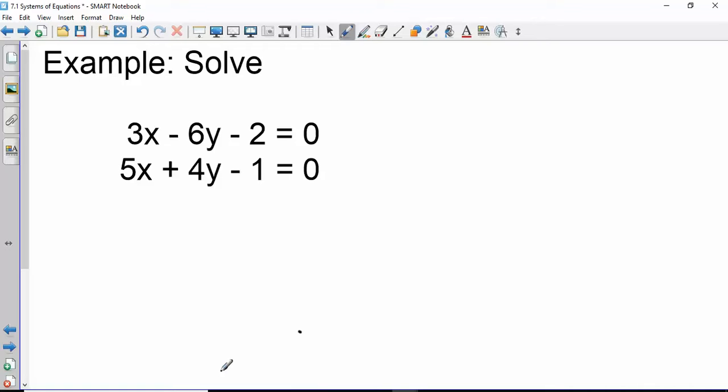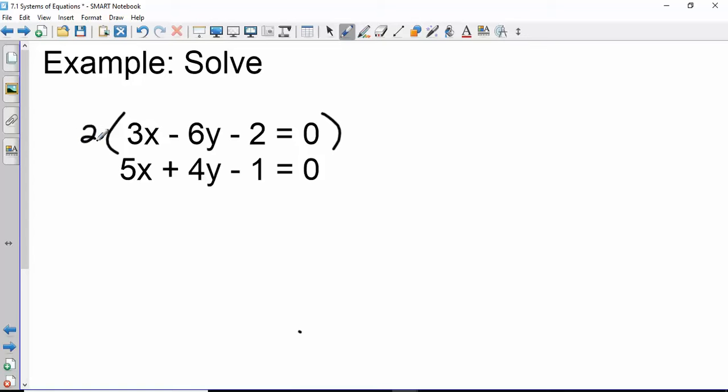Let's do elimination. Which variable do you want to eliminate? Why? Okay. So we have a -6 and a +4. What can I turn both of those into? 24, 12. Is there a right or a wrong? No. If you were going with the x's, you could turn them into 15.